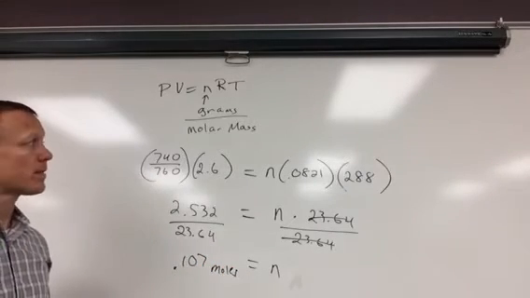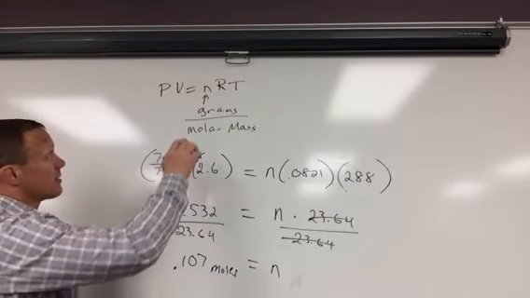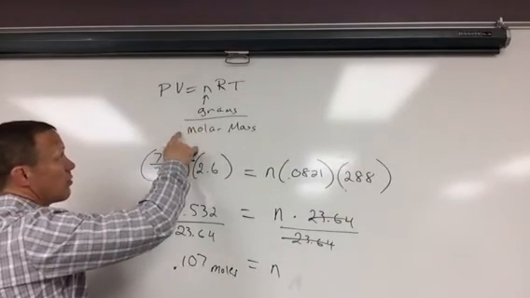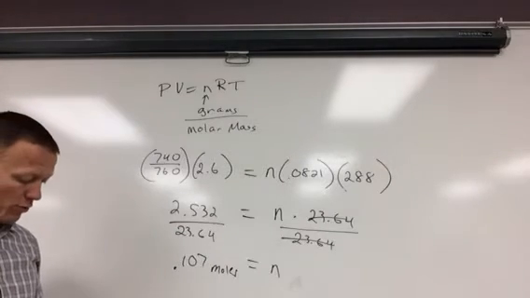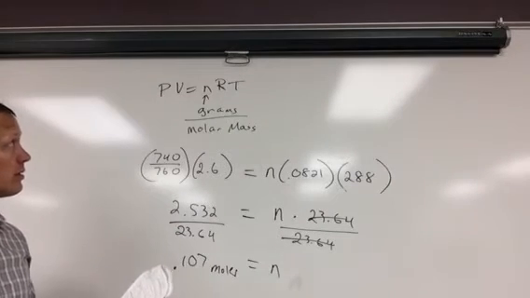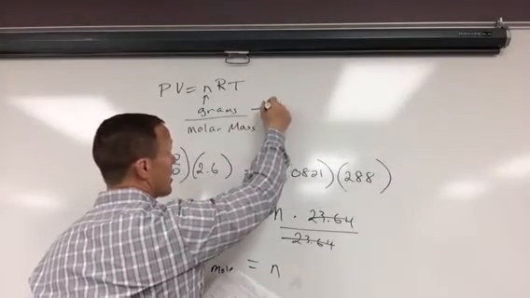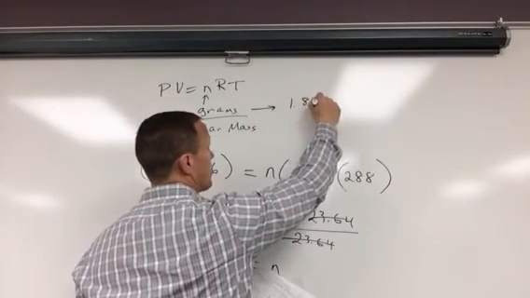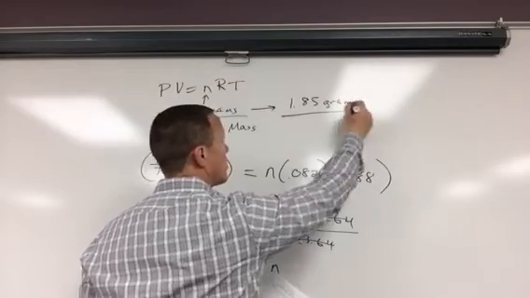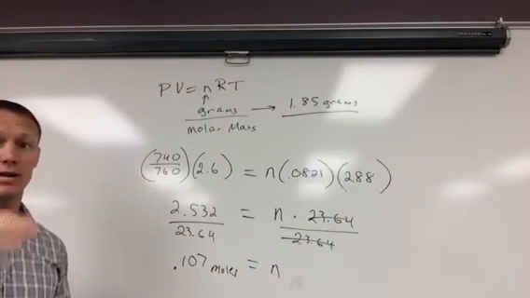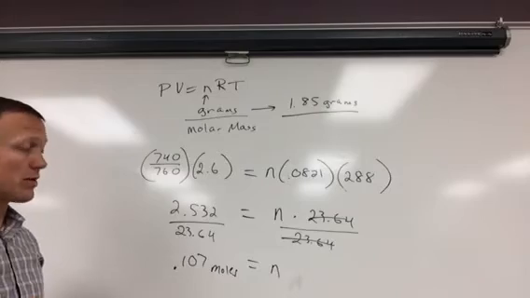If you remember, molar mass is grams per mole. Well, it told us in the problem that we had 1.85 grams. And molar mass is how many grams per mole. So how much does 1 mole weigh?